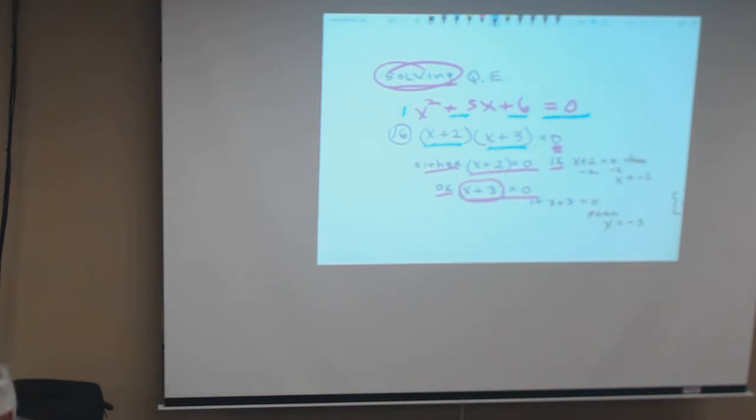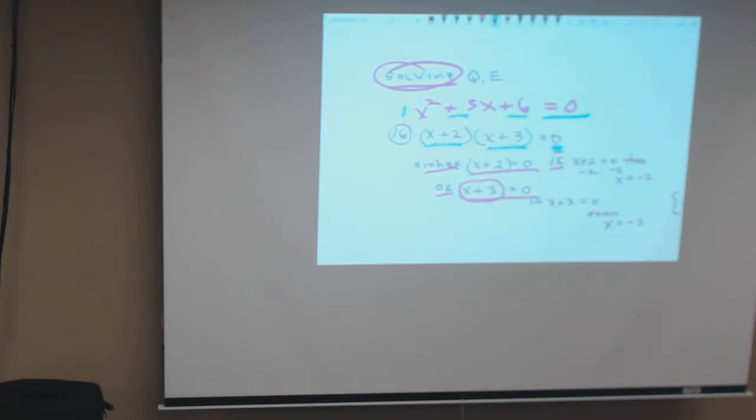Now, watch this. Here's the key to this thing. If I multiply two things and get 0 for an answer, what does one of them have to be? If something times something equals 0, then one of those somethings has to equal 0.